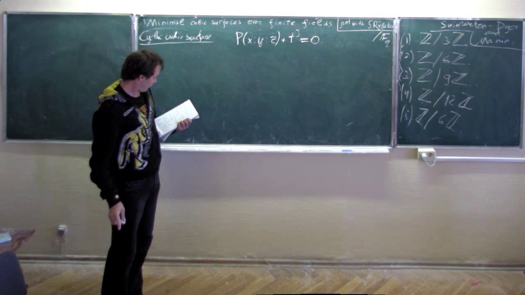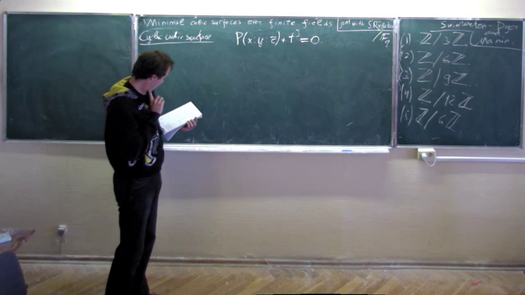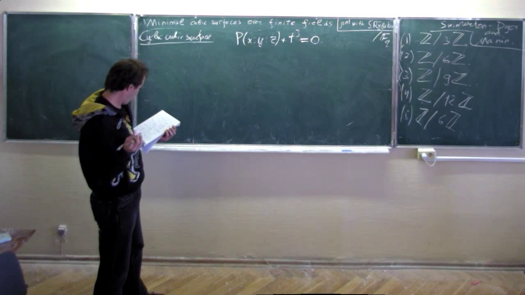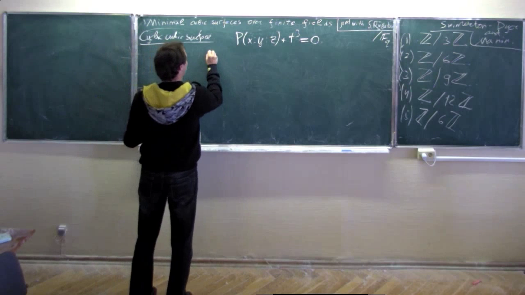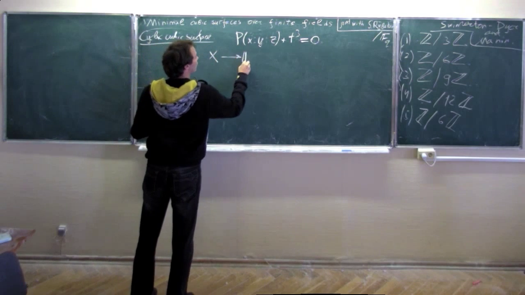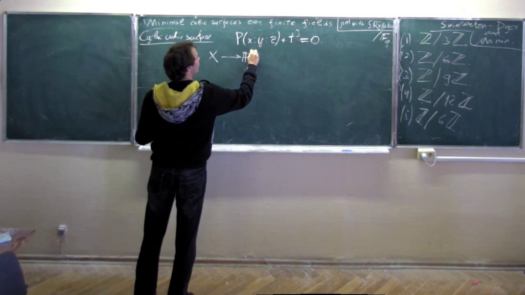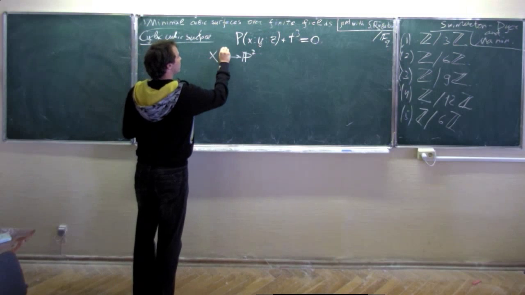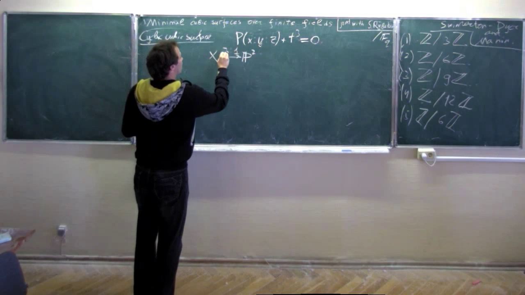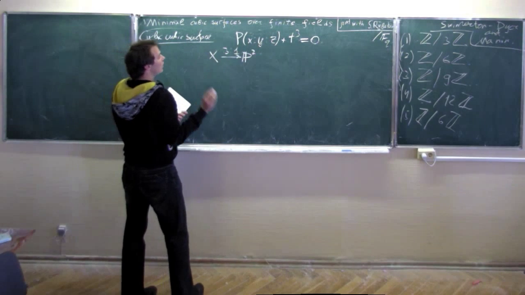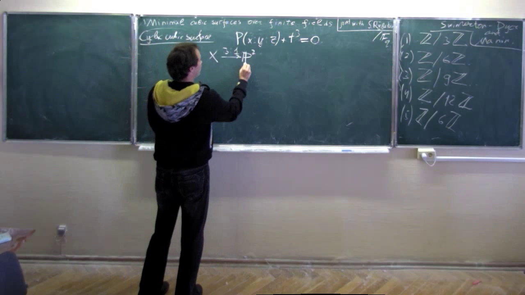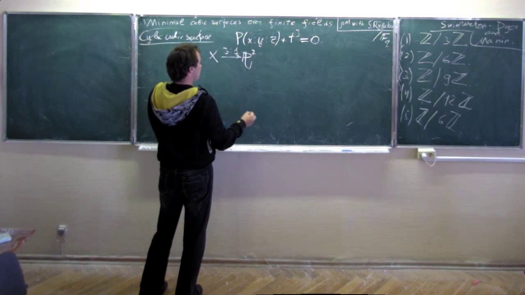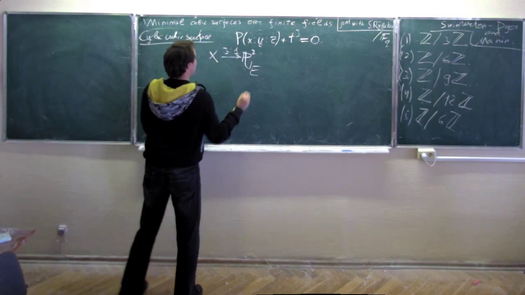What do we have for this surface? At first, we have a natural projection of X to P2, where we just forget the last coordinate. We have a projection to P2, which is a 3-to-1 covering, and the boundary divisor is an elliptic curve E.